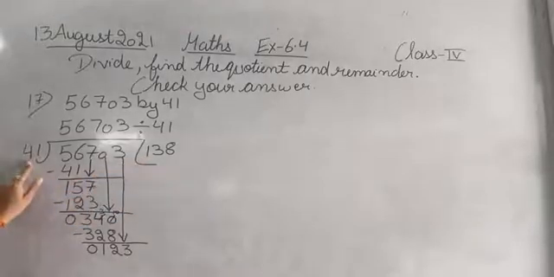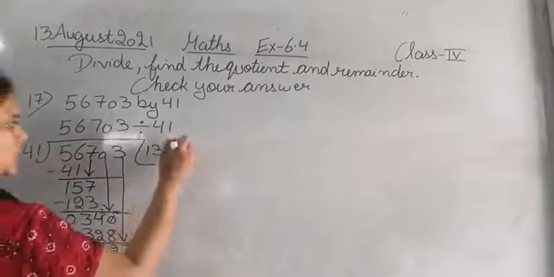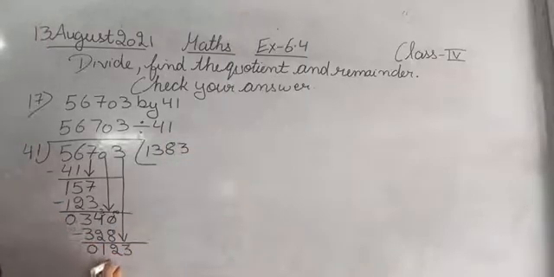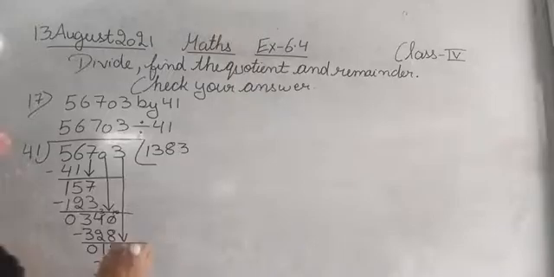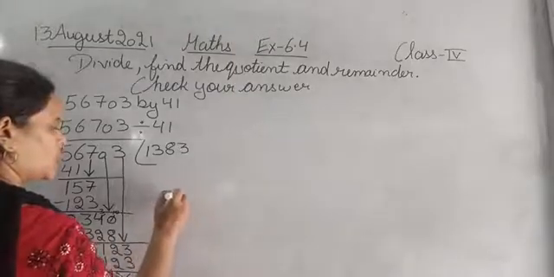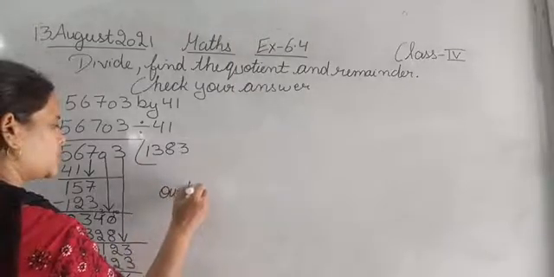So that means 41 3s are 123. So nothing is left in the remainder. Now we have to write the quotient and remainder. Okay, now we have done the division.